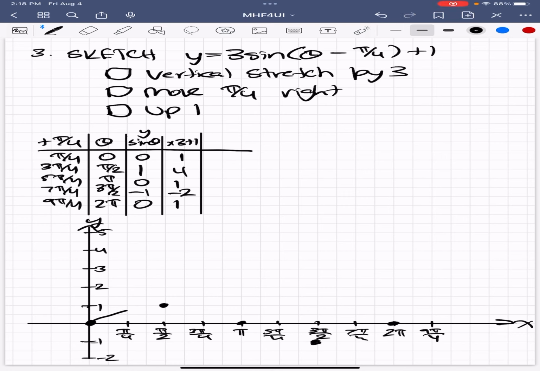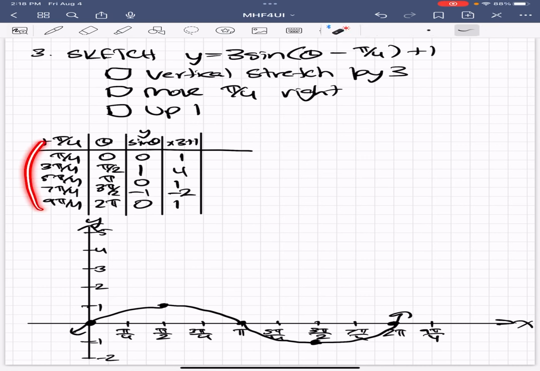There you go. We have one more question, and it's the most challenging, but I promise to explain the best that I can. Again, we have our new x values and our new y values. So those are transformations. You just gotta find where to put them. So we have 1 and pi over 4.